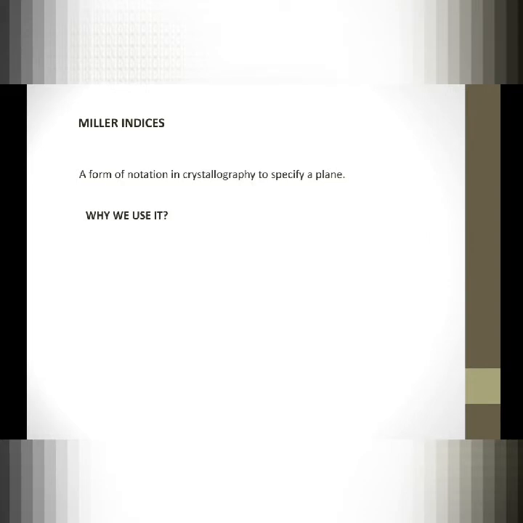Next, why do we use Miller indices? First of all, the atomic density in different crystal planes is different. That's why the physical properties of that plane are different from another type of plane.